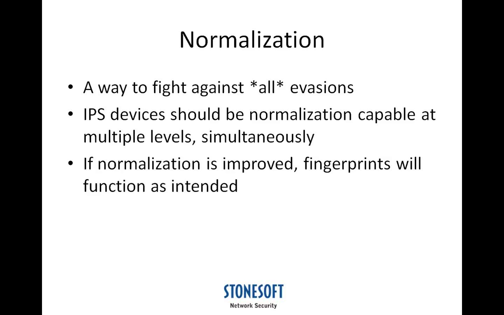If normalization is improved, the fingerprints that exist today will work as intended. There are good fingerprints out there to identify many of the vulnerabilities, and organizations, StoneSoft and many others, are very good at updating and coming up with good fingerprints. They'll work perfectly if the normalization piece is improved. So that's the big thing to keep in mind.